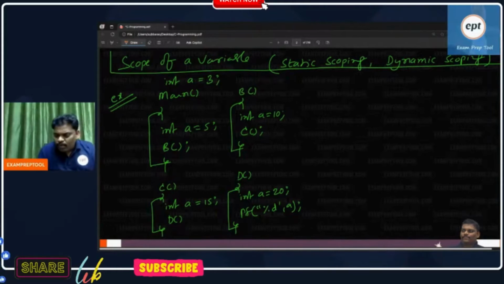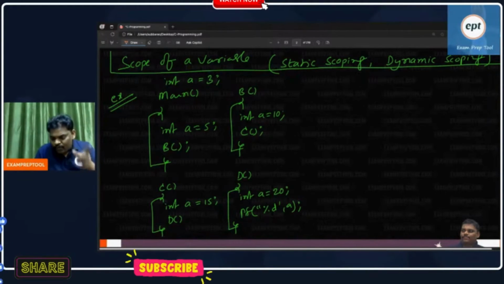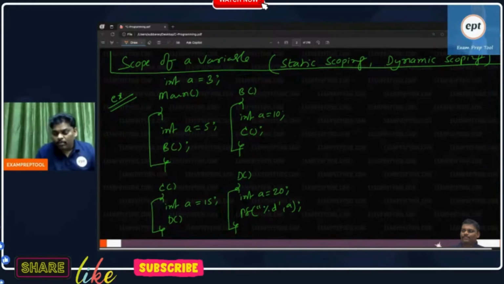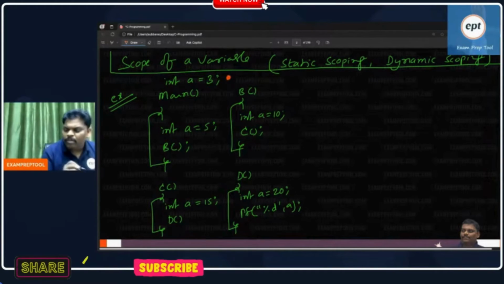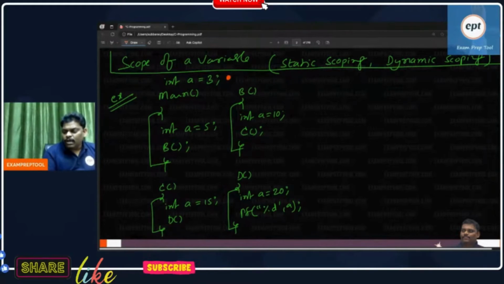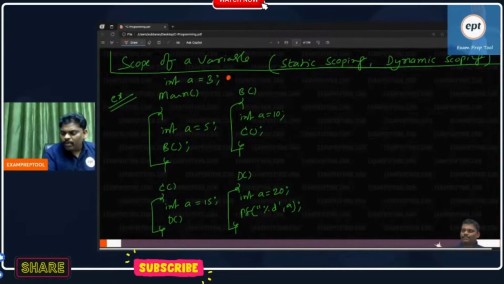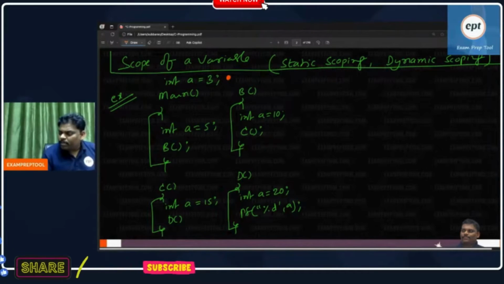Everyone observe. When you compile this program, at compilation time itself, memory will be allocated for the global variable because it is not part of any function. In which place will memory be allocated?